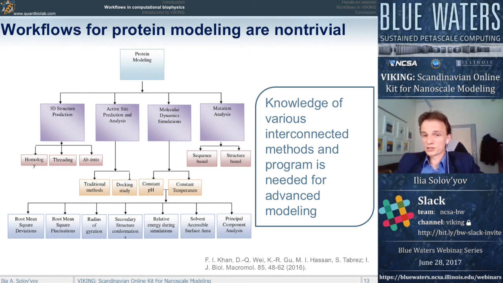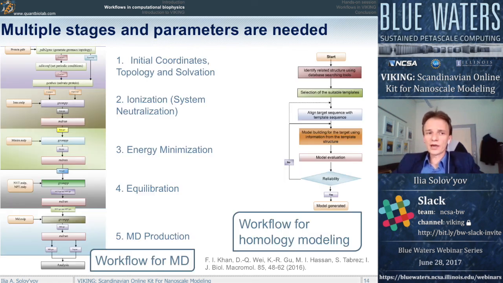And all these boxes actually do require some specific knowledge. And more than that, these specific boxes that you see on the slide actually are also diagrams and workflows by themselves. For example, if we look at the workflow for molecular dynamics, you can see here there is a diagram that has a lot of items in it.